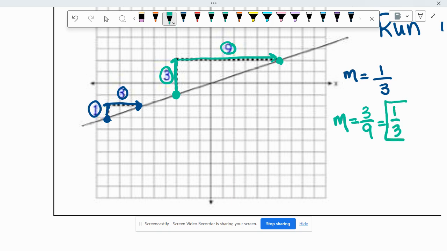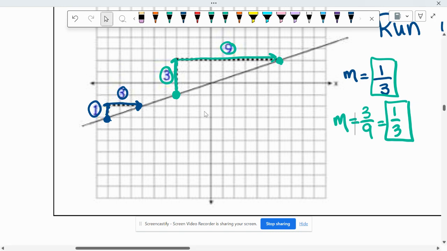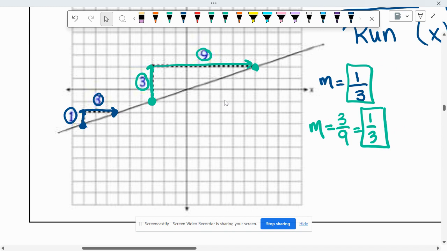So it doesn't matter what 2 points you pick on the line. It doesn't matter what 2 ordered pairs you select. A line has 1 slope. Does that make sense? The slope isn't going to be different on different points. Okay. So the slope of this line does not change if you pick different coordinates. It's always going to be the same.